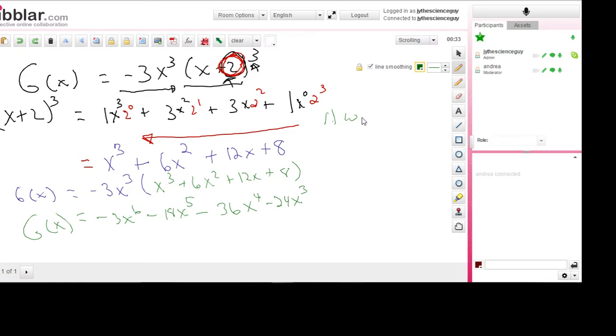Step two, you write the variables in descending order. So going down. Let's write going down from left to right.